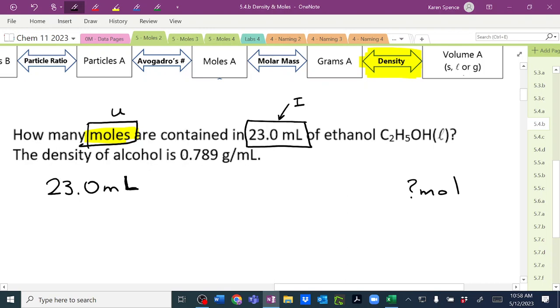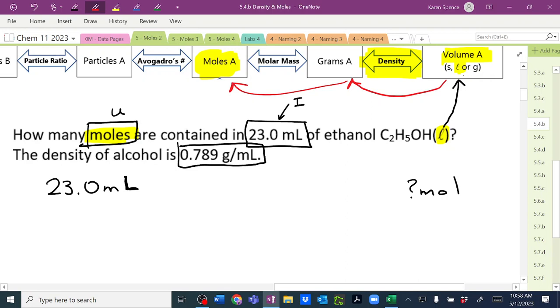We only have one other number. It is the grams per milliliter. So we can convert milliliters into grams because we have grams per milliliter. The other thing you can do is say, I have a liquid, so I have the volume of a liquid, and I need to eventually convert it into moles, which means I'm going to have to convert it first into grams and then into moles.